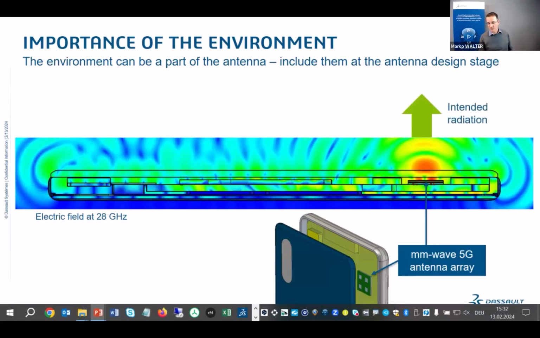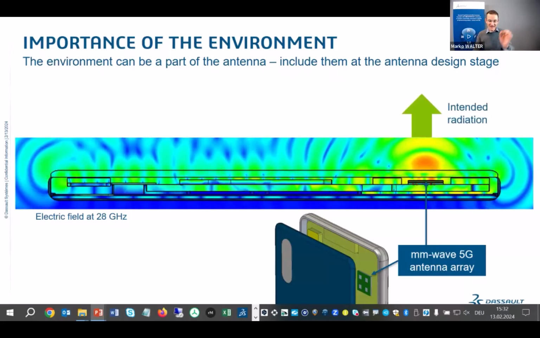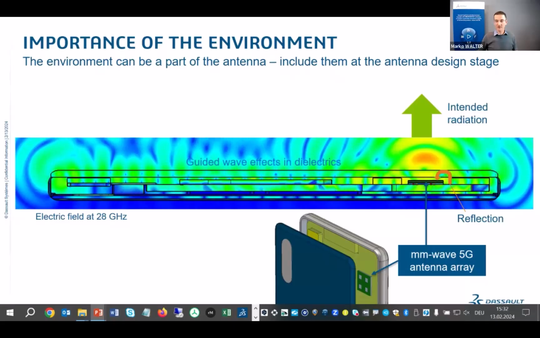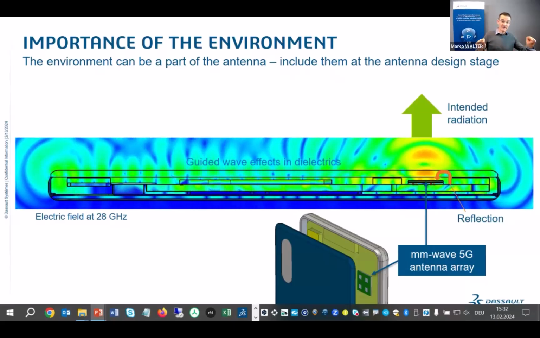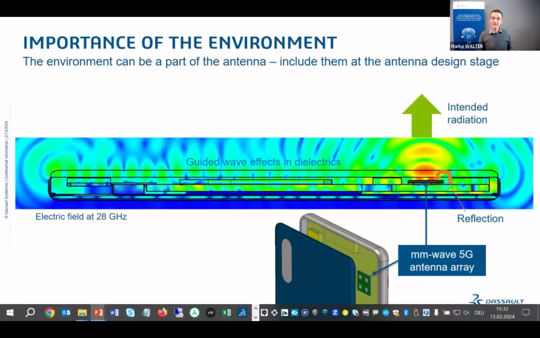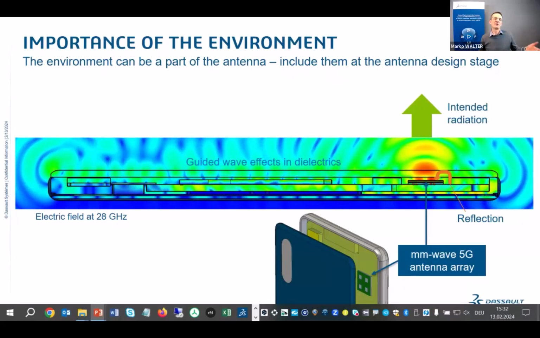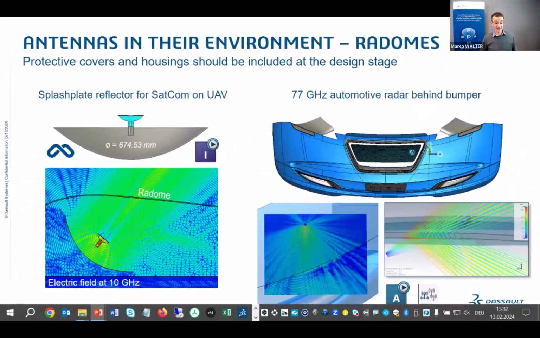So we have what we might intend with the standalone antenna radiating out to the front. However, we have some reflection back from the cover or the radome. We have potentially some waves being guided in the dielectrics and re-radiating at the ends of the phone. So all these things become a part of the overall radiating structure. We could call it part of the larger antenna, and they have to be taken into account during the design.